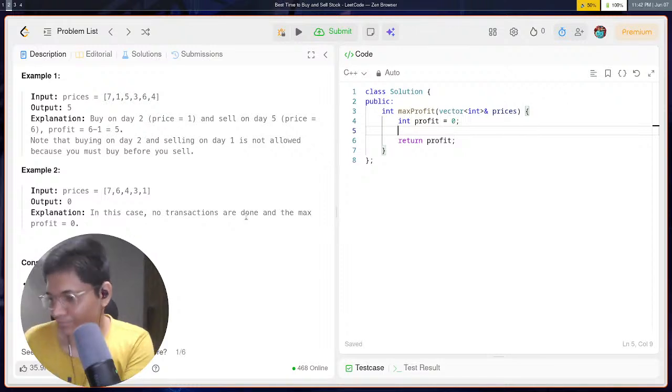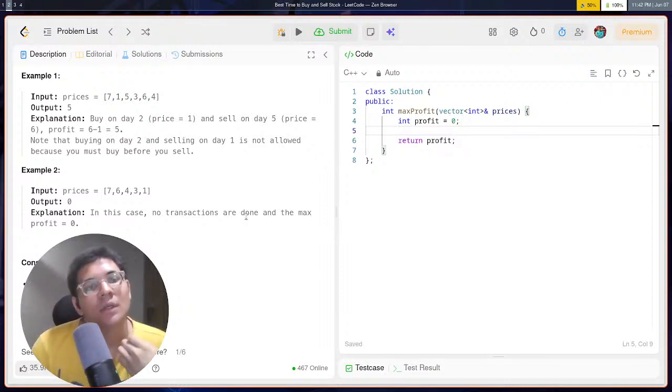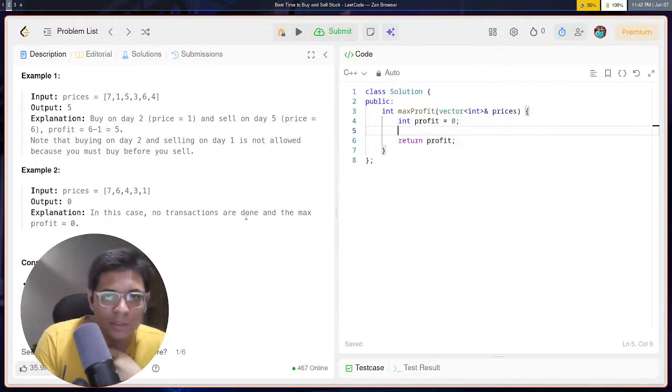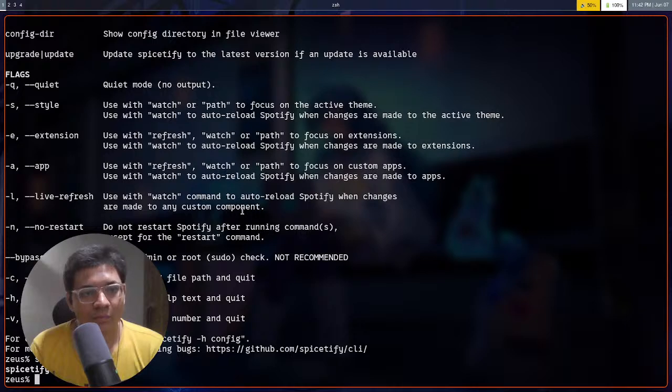So let's take the values. In fact, if we go by intuition, never mind. I thought of something.